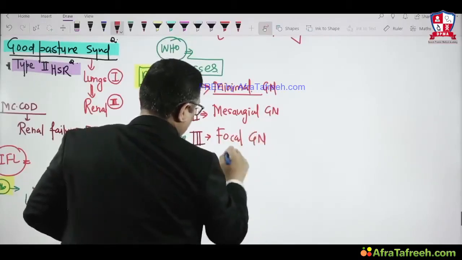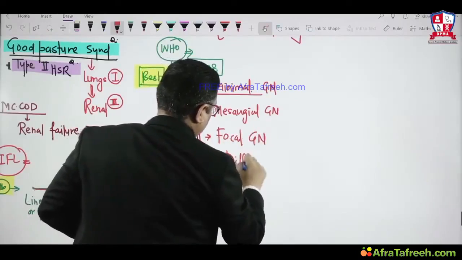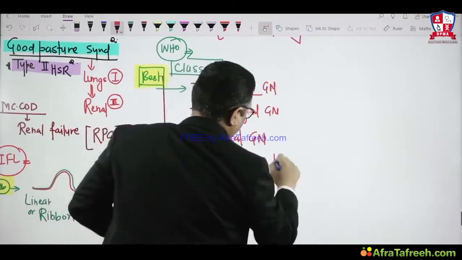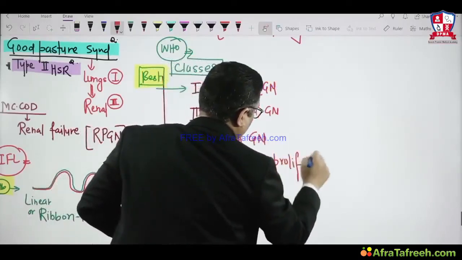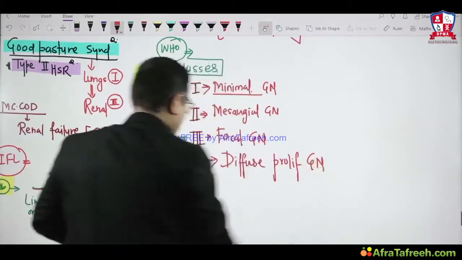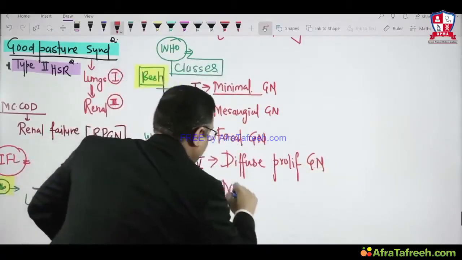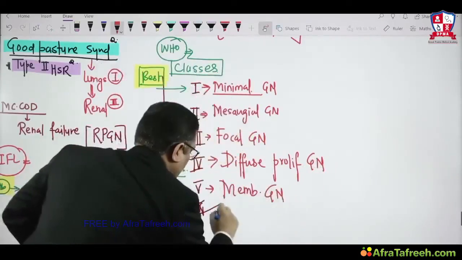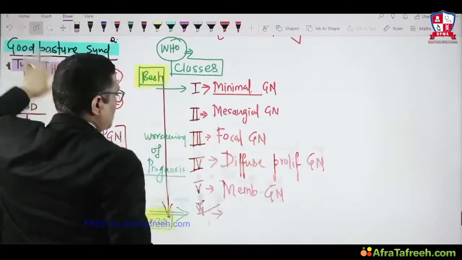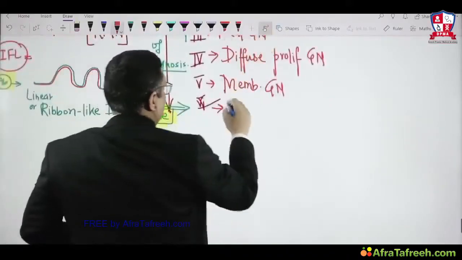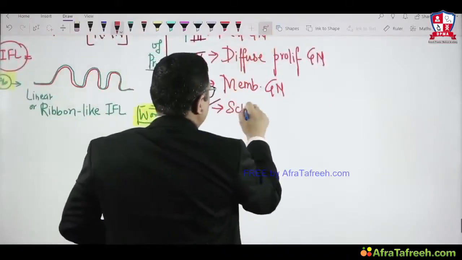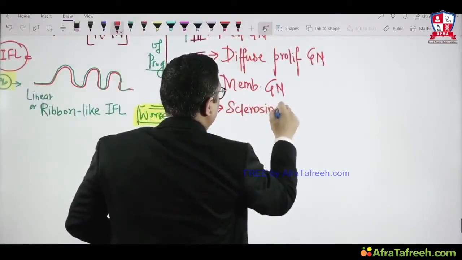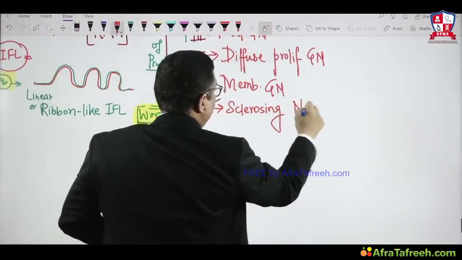Type 4 is diffuse proliferative glomerulonephritis. Type 5 is membranous glomerulonephritis, and type 6 is sclerosis. In the end it will cause sclerosis of everything, and it is called sclerosing nephritis, right?